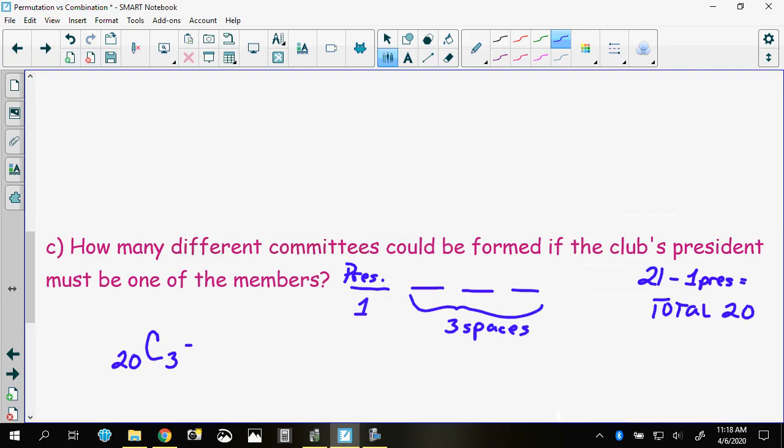Now, because this is a multiplication when we're counting, we have a 1 times this. So just remember that if that number was something other than 1, we would actually need to multiply that value to our combination to get our total number of ways to arrange the committee. Okay, so in this case, since it is 1, 1,140 is our final answer.